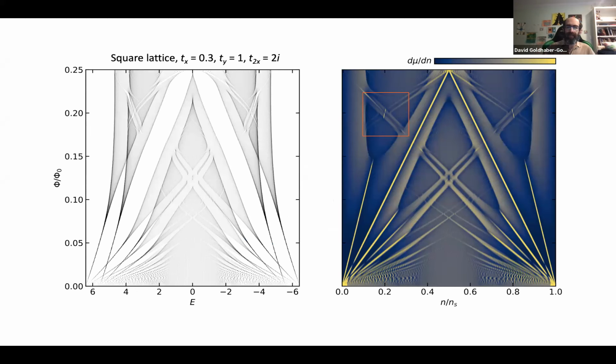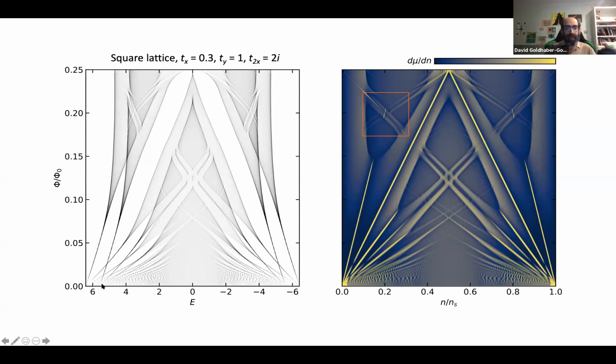So I'm now showing things both in magnetic field and energy space. I guess the charge neutrality point is at one end here.